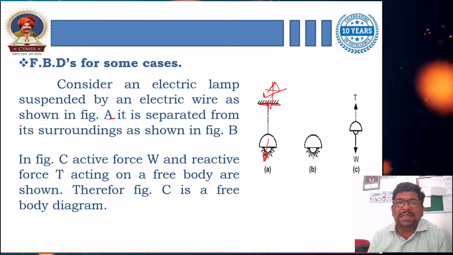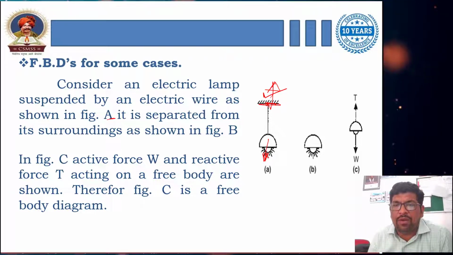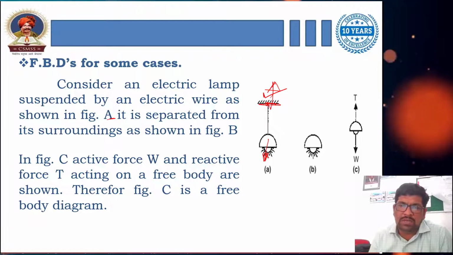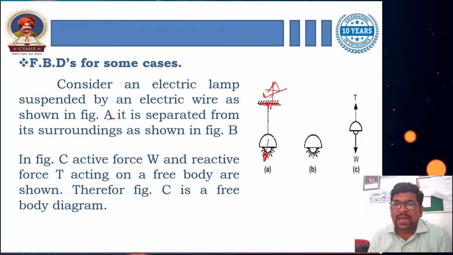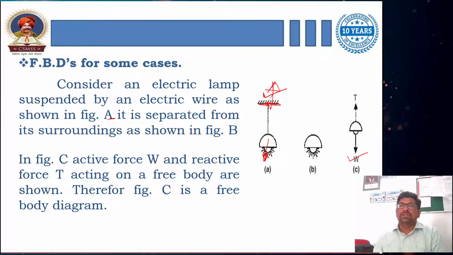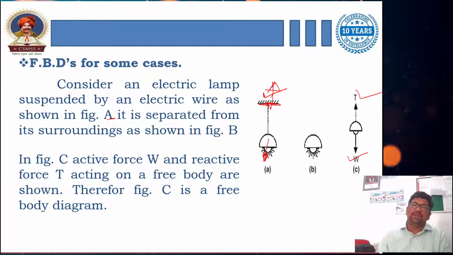You can see that it is separated from its surroundings. We have removed all the surroundings from the body, and we have just shown the body in part B. Then in figure C, you can see that W is the active force and T is the reactive force.